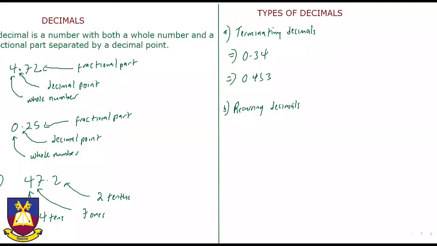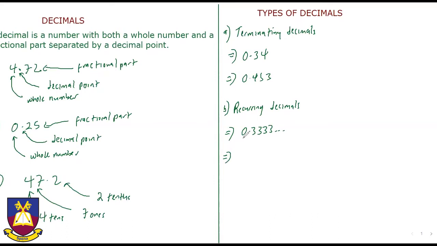Then what we call recurring decimals, and those are decimals of this nature, 0.3333 and so on. Decimals which have digits after the decimal point that keep on repeating infinitely are called recurring decimals. The digits that are repeating could be 1, could be 2, could be more than 3 digits.